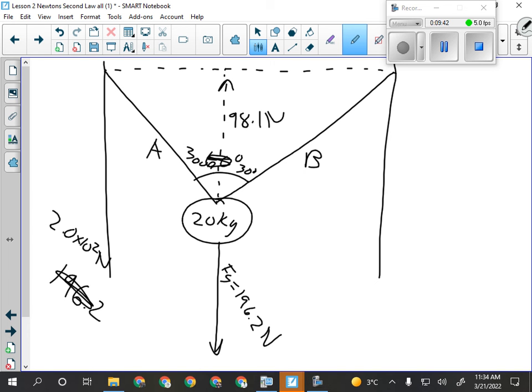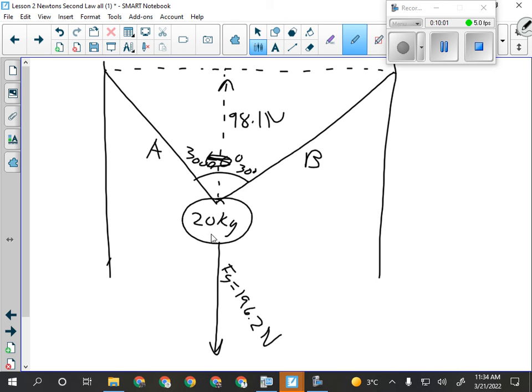So what I've got here is the adjacent side. Sorry, I got that wrong. I was thinking it was the opposite side. I did it wrong. So that's not going to be the answer. Okay, so my adjacent side is 98.1. My hypotenuse, which is what I'm looking for, the tension in the cable, is here.